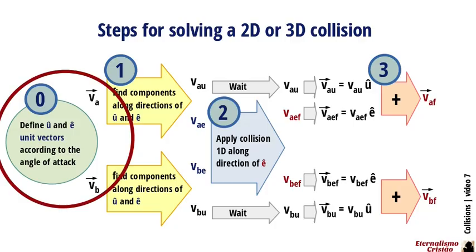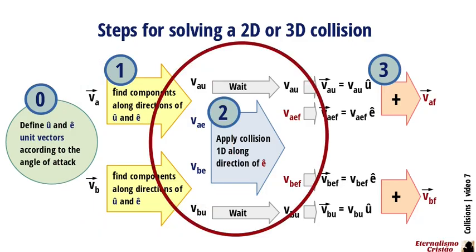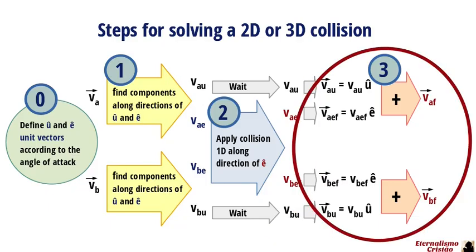First, find the angle of attack and define the unit vectors accordingly. Find the components of the initial velocities along the directions of the unit vectors u and e. Apply the equations for the 1D collision to the components of the velocities along the direction of unit vector e. At last, add the two components of the final velocities.